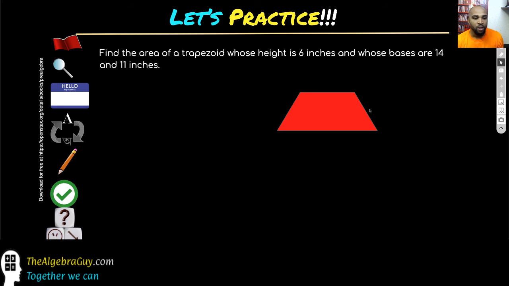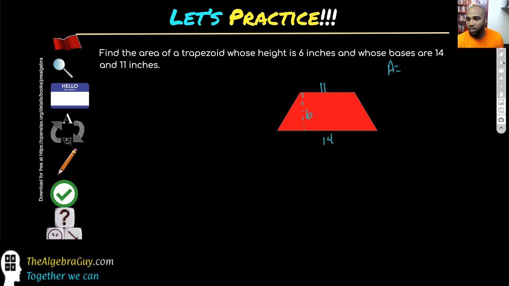So find the area of a trapezoid whose height is 6 and whose bases are 14. Let's make this 11. That's smaller, and 14. Now, I can't remember what the area formula is. I just talked about it. I think it's 1/2.